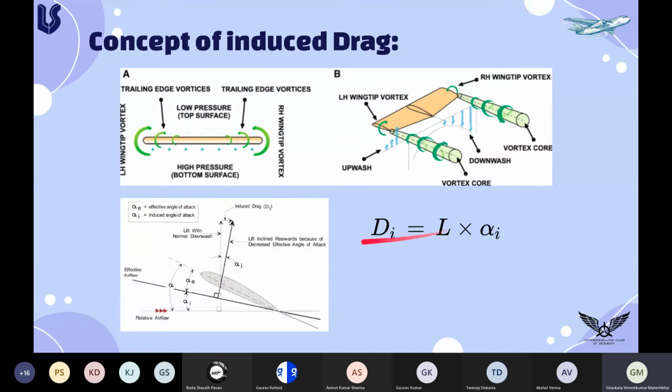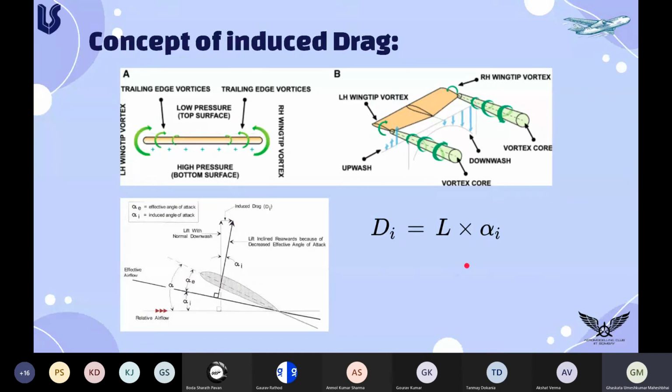So this is the induced drag, and we know that L is proportional to CL and alpha is also proportional to CL, as we showed in the previous slide. So one CL comes from this and one CL comes from this.